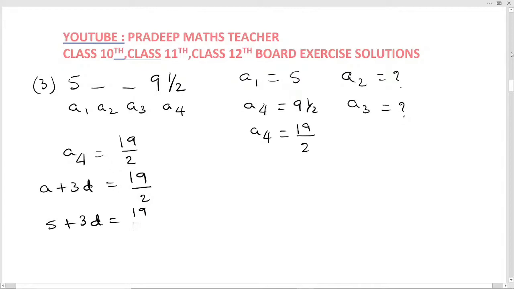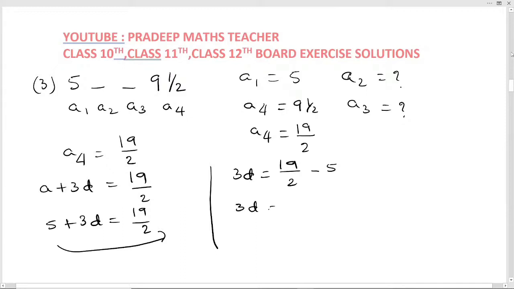19 by 2. Now here send 5 to the right hand side. So 3d equals 19 by 2 minus 5, because if you send 5 to the right hand side, plus 5 will become minus 5. Now for the 5, the denominator 1 is there, so take the LCM for 2 and 1.